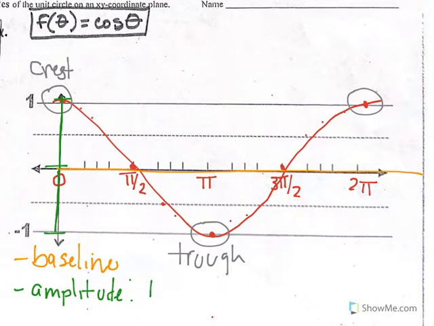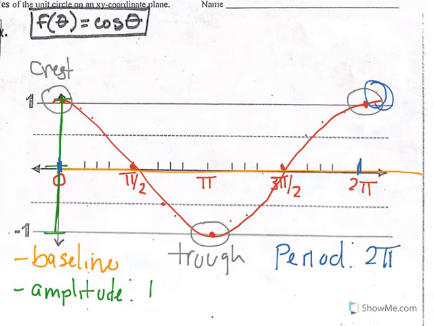Okay? Another component we talked about was the period for this particular graph. When do we start and when do we stop before this graph starts repeating? Notice that this curve right here is going to start repeating what it started at 0. So the period is from 0 to 2 pi. So we just say the period of this is 2 pi.